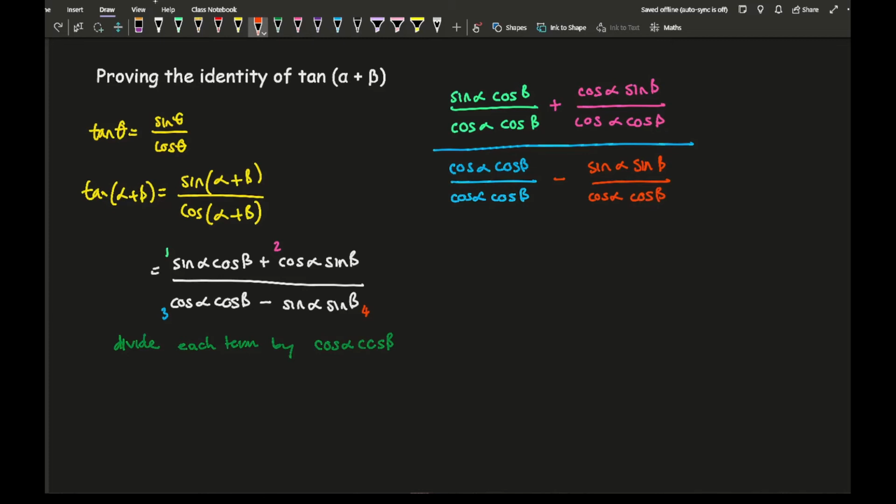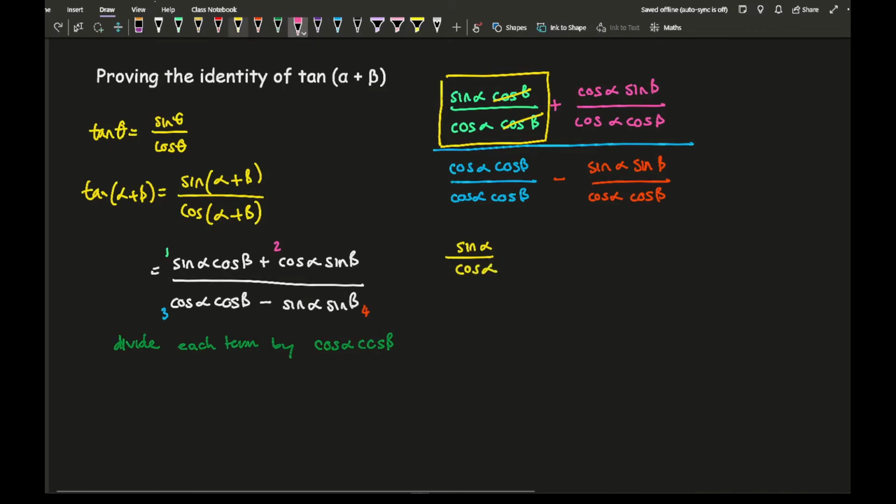Now what I'm going to do is simplify each of those 4 terms. Simplifying this box here, my cos betas will cancel from both the top and the bottom, so all I'm left with is sine alpha over cos alpha.